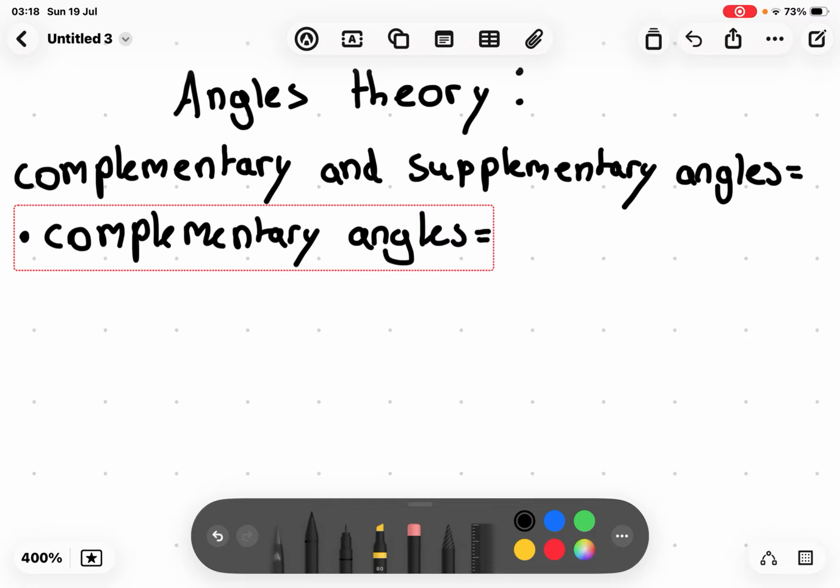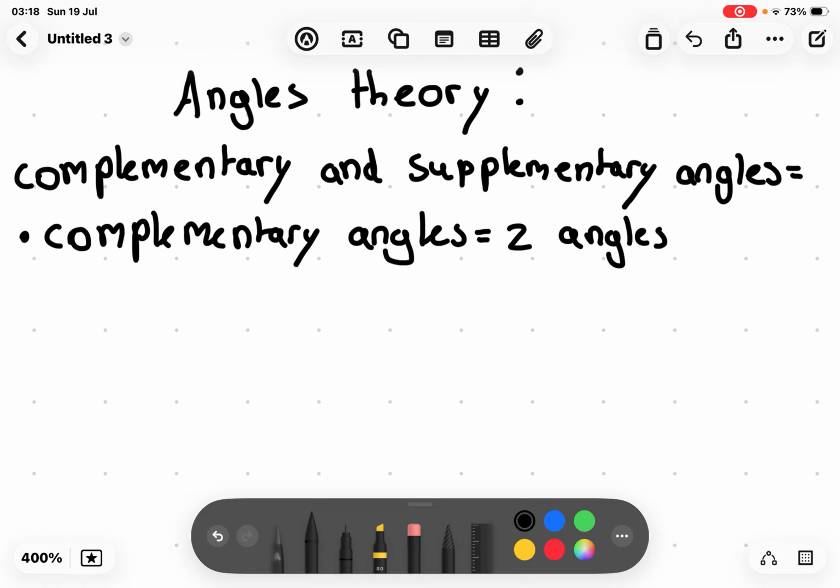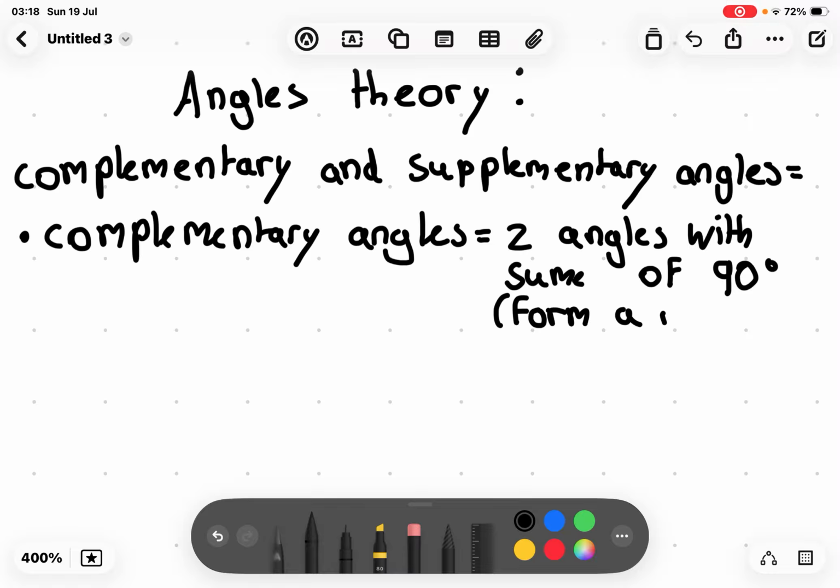So complementary angles, it's when two angles have a sum of 90 degrees.